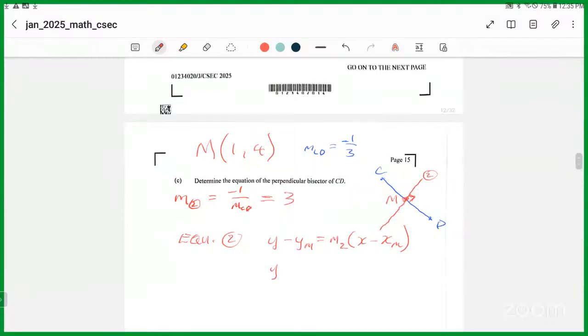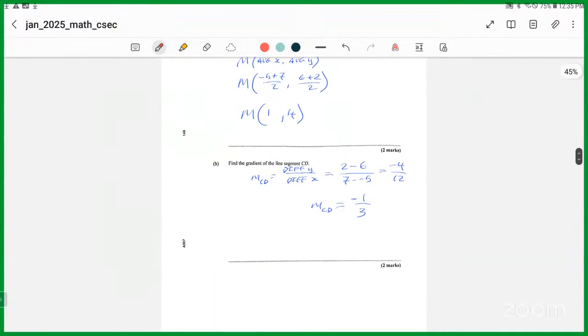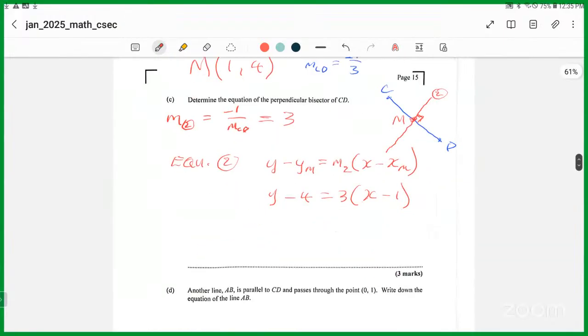So it's y minus the y value at the point, which is 4, equals the gradient of the perpendicular bisector, which is 3, into x minus the x value at the midpoint, which is 1. The point is 1, 4. So it's y minus 4 equals 3x minus 3.